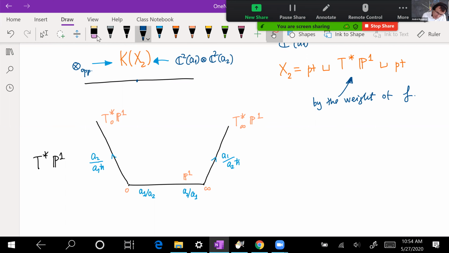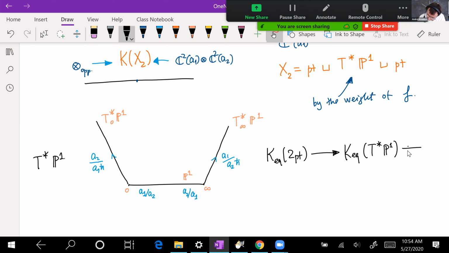So what I would like is two different maps from the current K-theory of two points to the current K-theory of T*P^1, and then a different one.